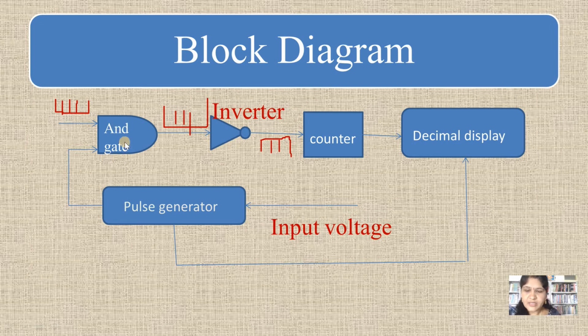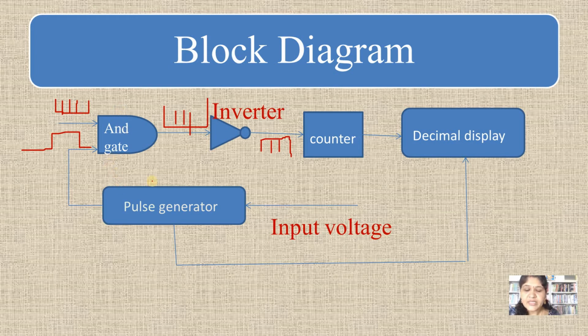Here you can see in the block diagram, one input of the AND gate is a rectangular pulse which is generated by the pulse generator, and the other input is the train of pulses.